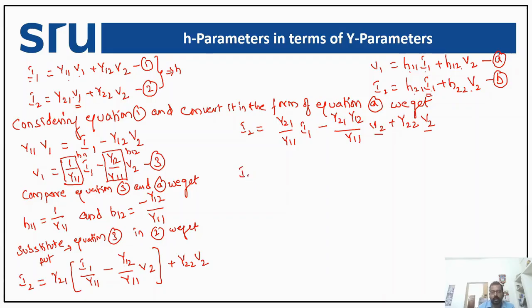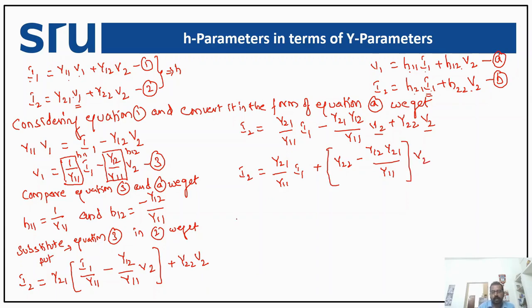We get I2 equal to Y21 by Y11 I1 plus Y22 minus Y12 Y21 divided by Y11 into V2.